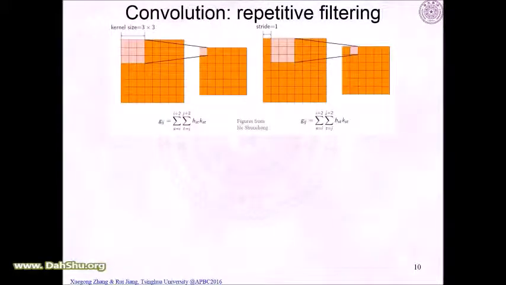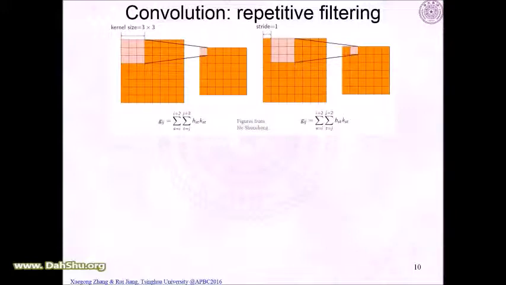So convolution is the process of applying one function on another function. Here we simply have a filter. Suppose it's 3 by 3. The filter is a weighted sum of all the pixels.